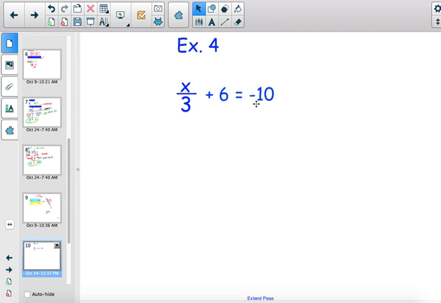It should be negative 10. Awesome. That's the best one.